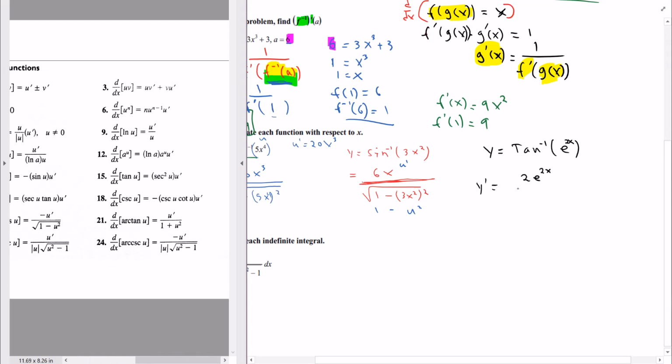That's the derivative of e to the 2x, over 1 plus e to the 2x squared, which we could simplify to 1 plus e to the 4x, like that. Right, and so that would be the derivative of that. So if you know the formula, then it's pretty straightforward how to do it.